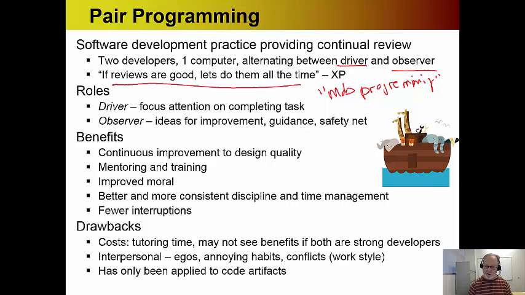Some of the benefits to doing something like pair programming: continuous improvement to design quality. So it's not just the low-level coding, each line of code, but normally what you're talking about are low-level design quality issues. So for example, we're going to talk about design patterns and refactoring in a few weeks. And so as you're typing, you might say, oh, here's the next programming task. I really need to figure out a way to instantiate and manage the life cycle of this object.